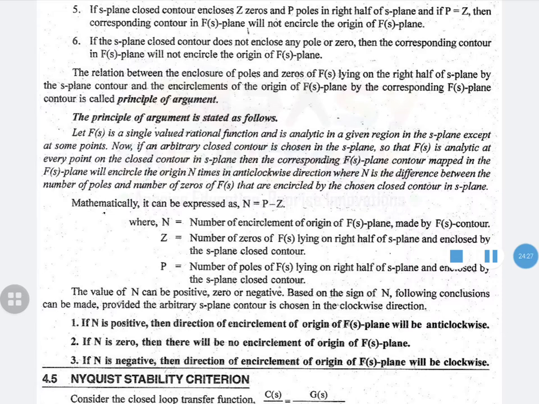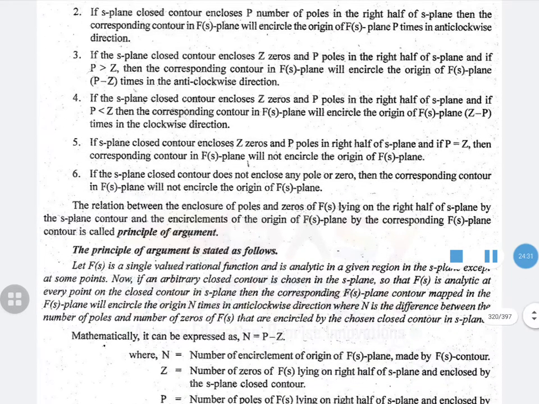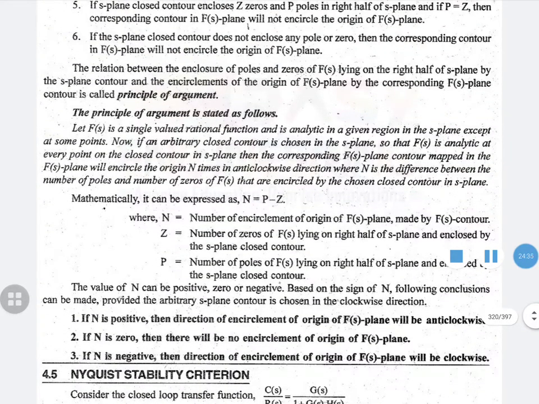If N is 0, there will be no encirclement, that is the fifth case. If N is negative, then the direction of encirclement of the origin will be in the clockwise direction.